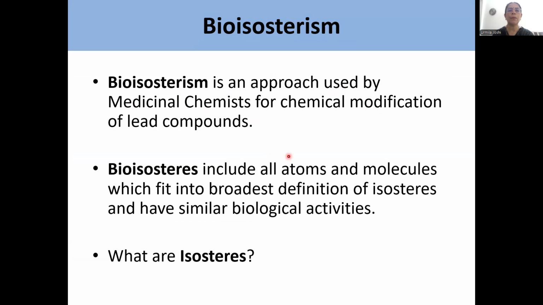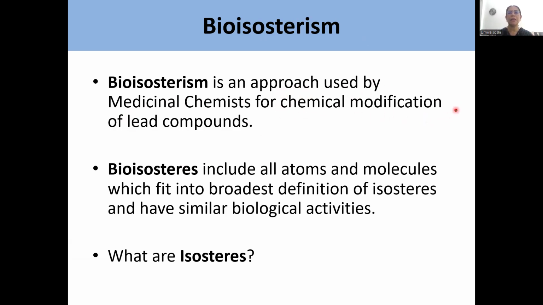I think all of you may be aware that if there is a compound that shows promising activity, but there are some problems, that is, the dose is high, or that there are side effects, or there is a degradation, then such compounds need to be chemically modified so as to remove all the problems.